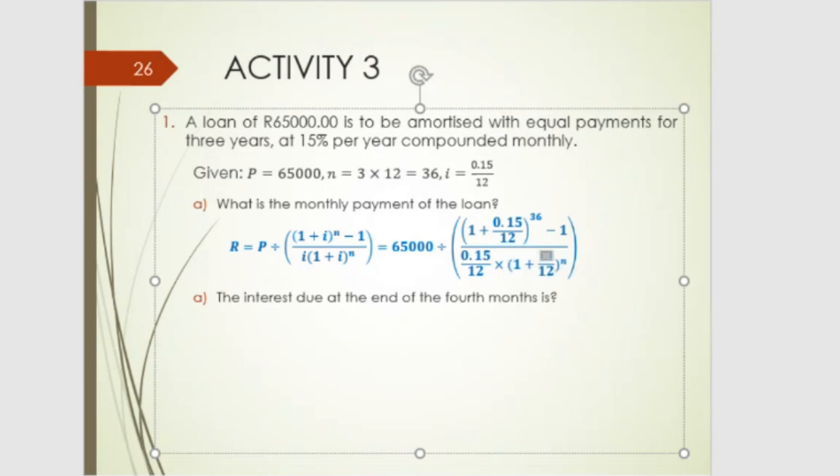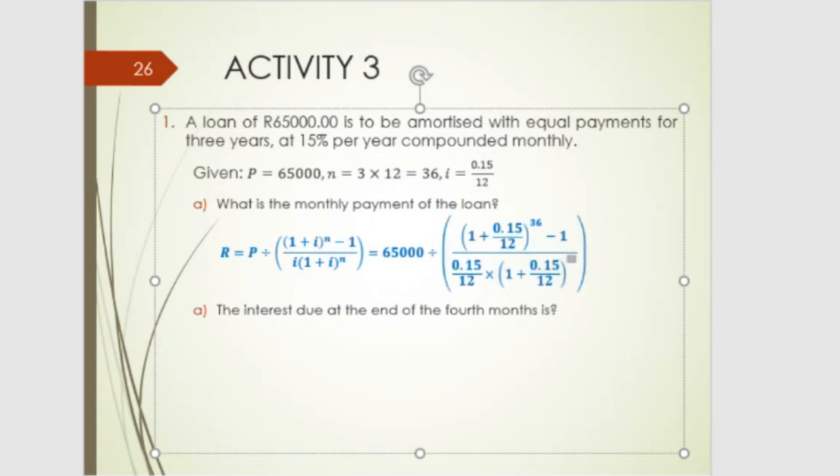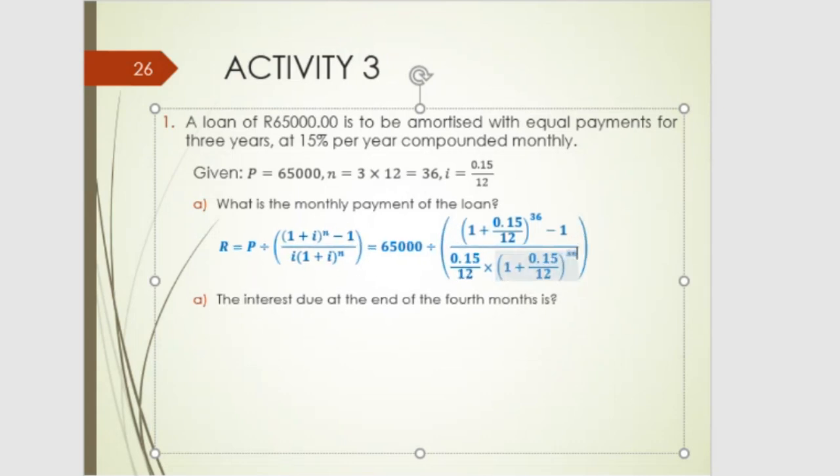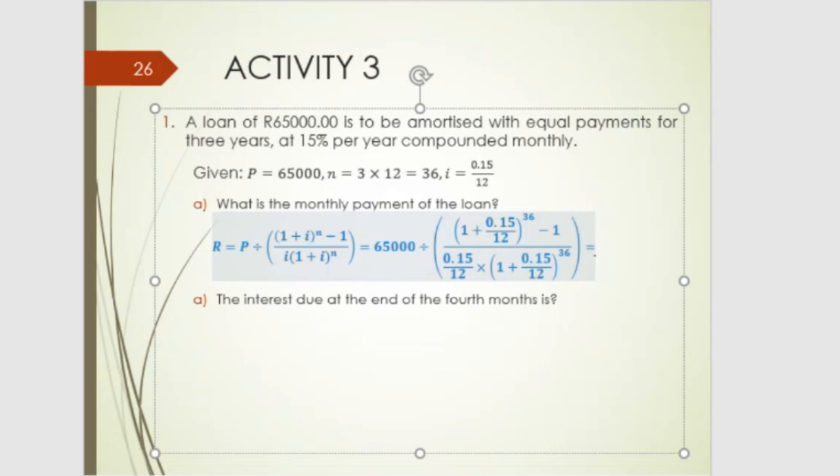Here's 12, here's 0.15 to the power of 36. Then what is the answer? I got, using the Sharp, 2253.25.